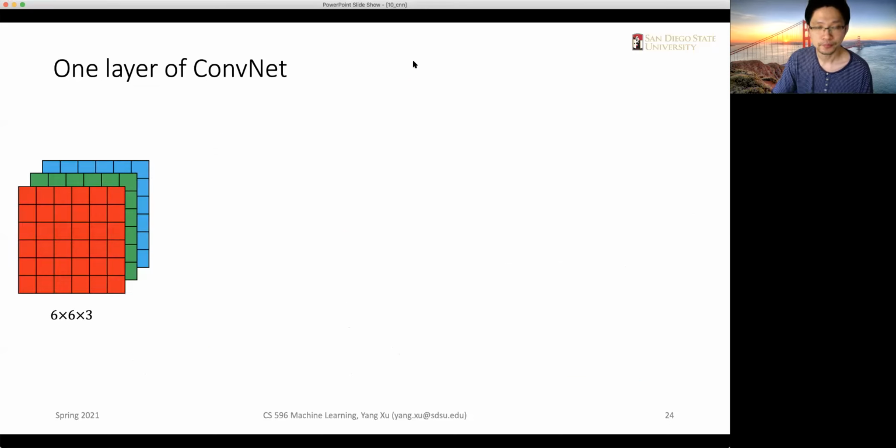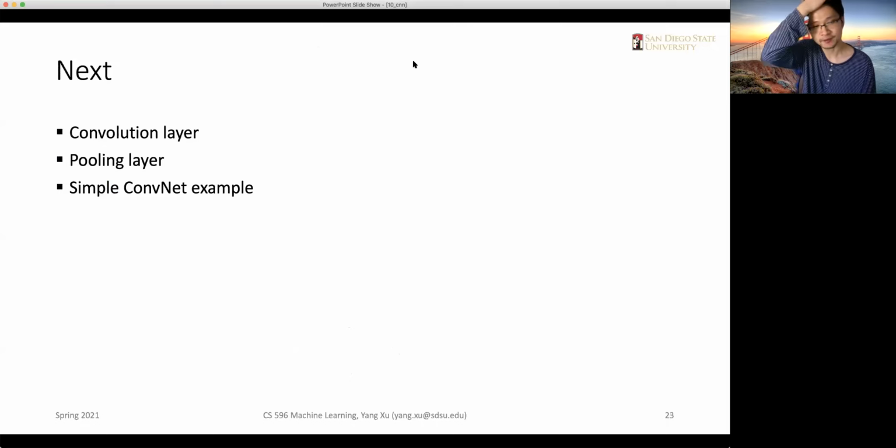All right, so we have laid out all the fundamentals for defining a convolutional neural network. So next, let's put these little pieces of basic operations together and try to define some more modularized, small modules for building up the convolutional network.